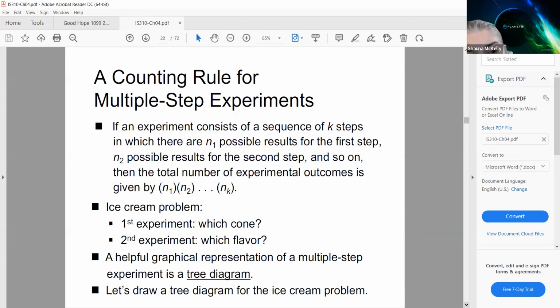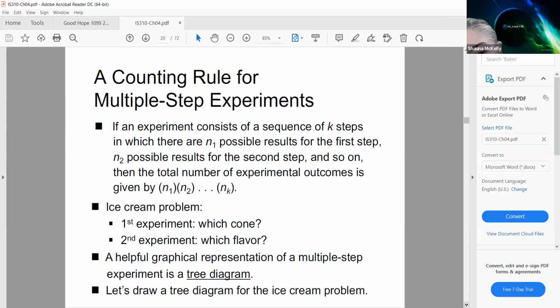Okay, now the next batch of slides is going to be all about how you figure out what the probabilities are. That really depends on, I don't want to get too far into this right now, because this is actually about how you calculate probabilities when experiments are complex.